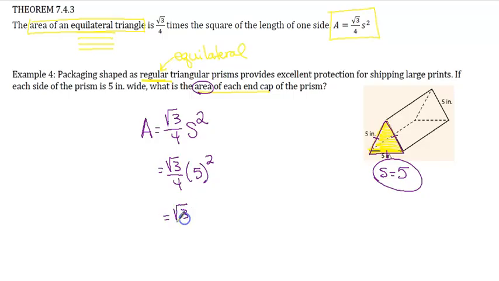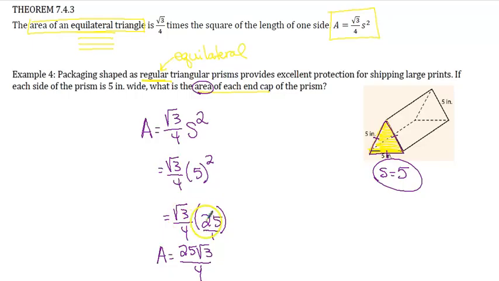I'm going to just show all this work out here. The square root of 3 over 4 times 25. Nothing here is going to cancel or reduce. So that means our exact value of the area is 25 times the square root of 3 over 4. Because remember, this 25 is a fraction over 1.